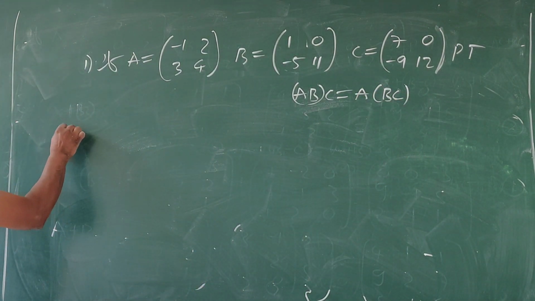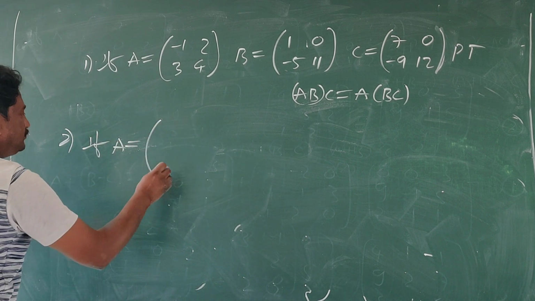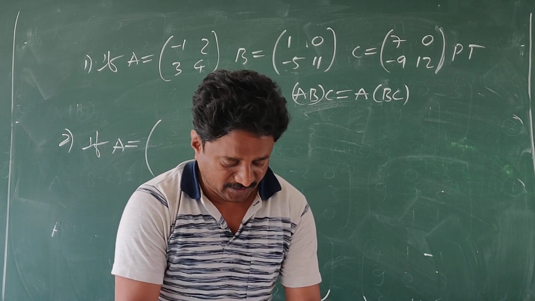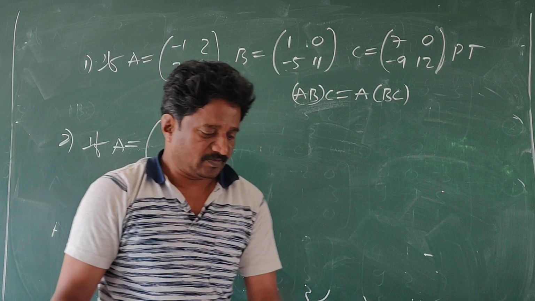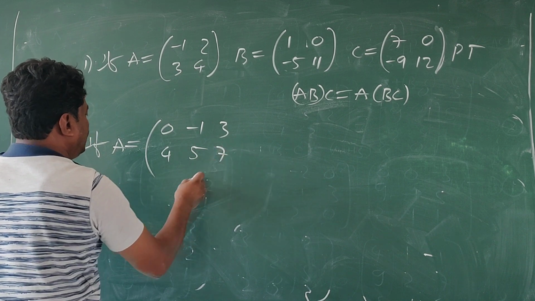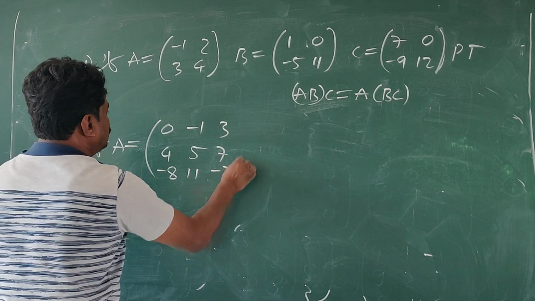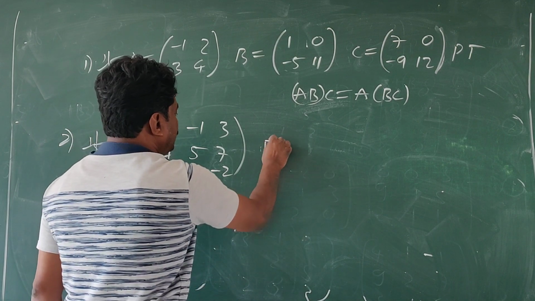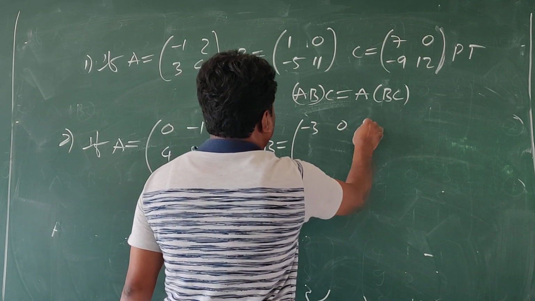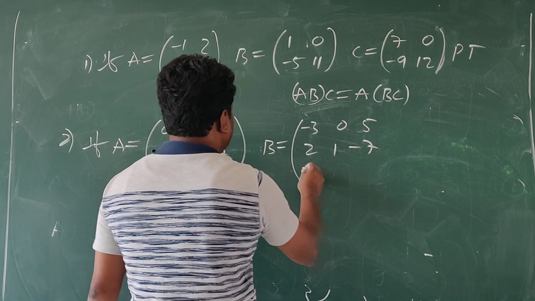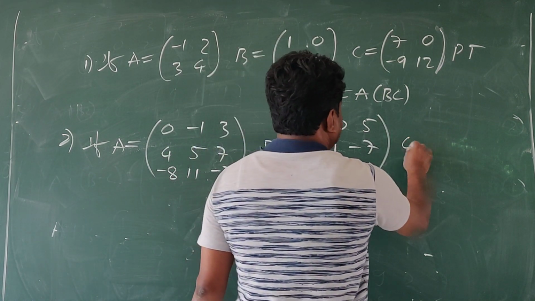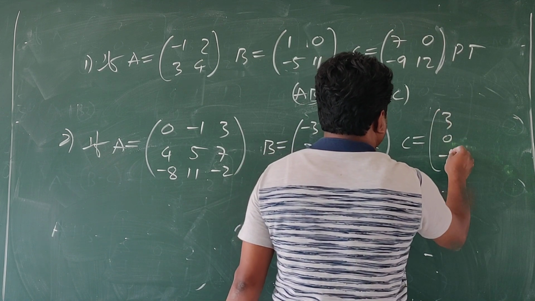One more question. If A is equal to [0, -1, 3; 4, 5, 7; -8, 11, -2], B is equal to [0, -3, 0; 5, 2, 1; -7, 11, 2, -8], C is equal to [3, 0, -4].